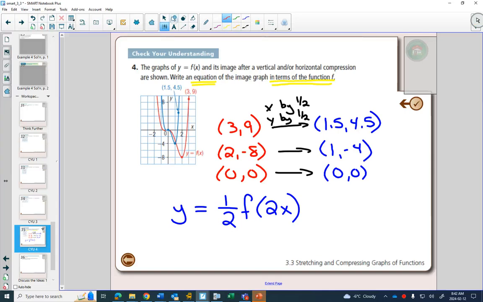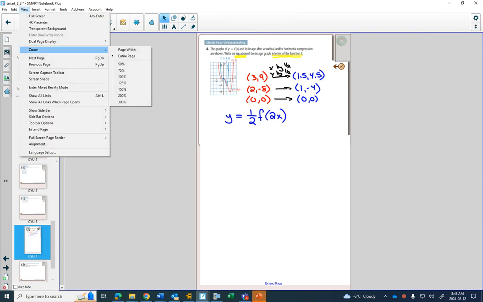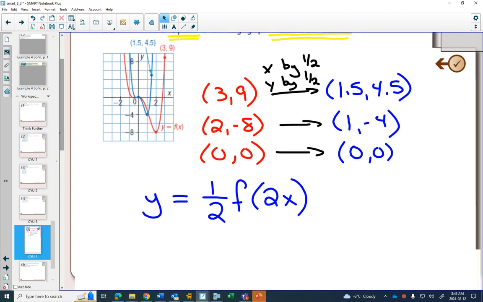I'm going to teach you a secondary technique for this, because as we move into the next section, the arrows alone won't be enough to figure out what's happening.